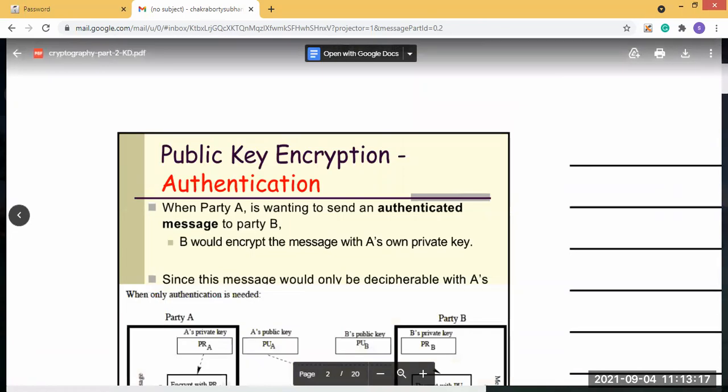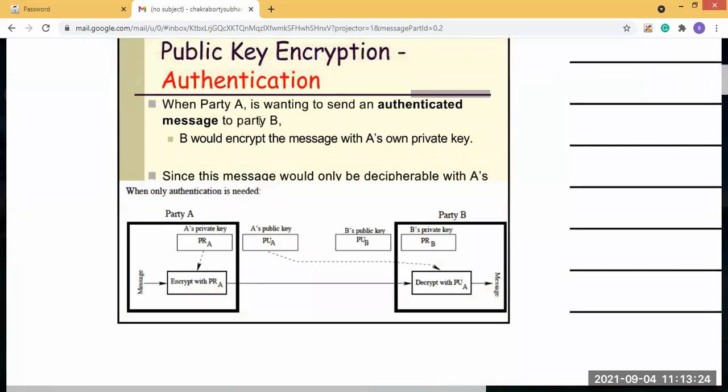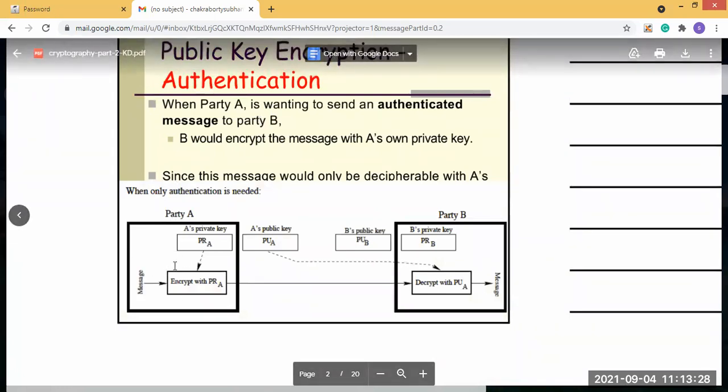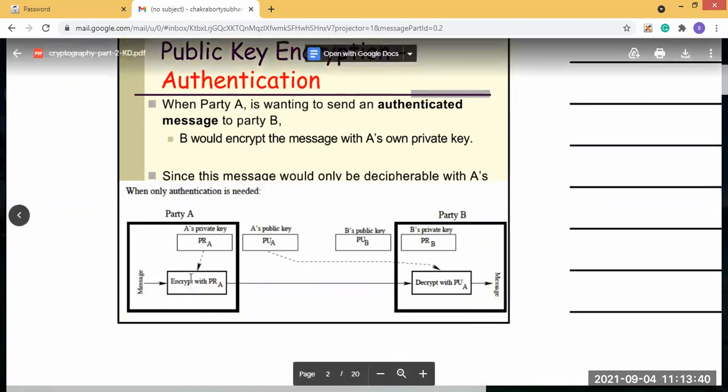So if we see in the figure, party A wants to send an authenticated message to party B. It will send the message, encrypted using A's private key, and after that, the message will be sent over the unsecured channel.